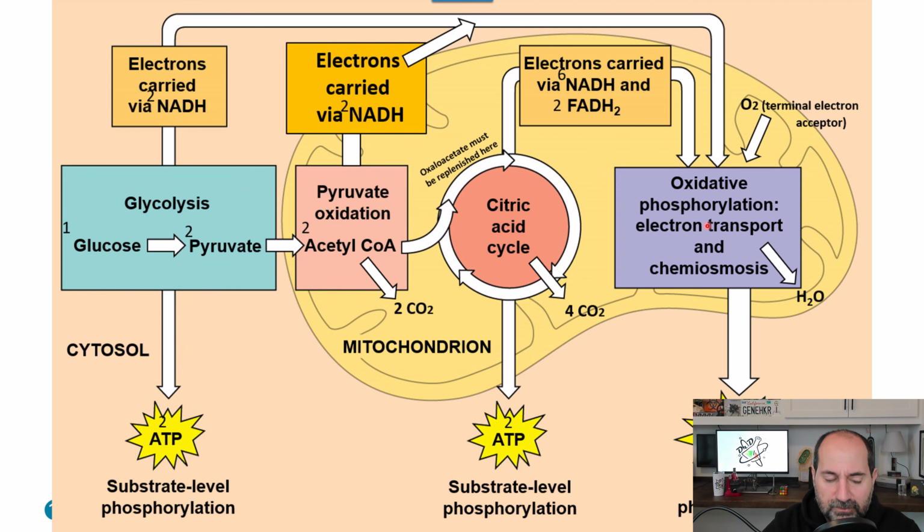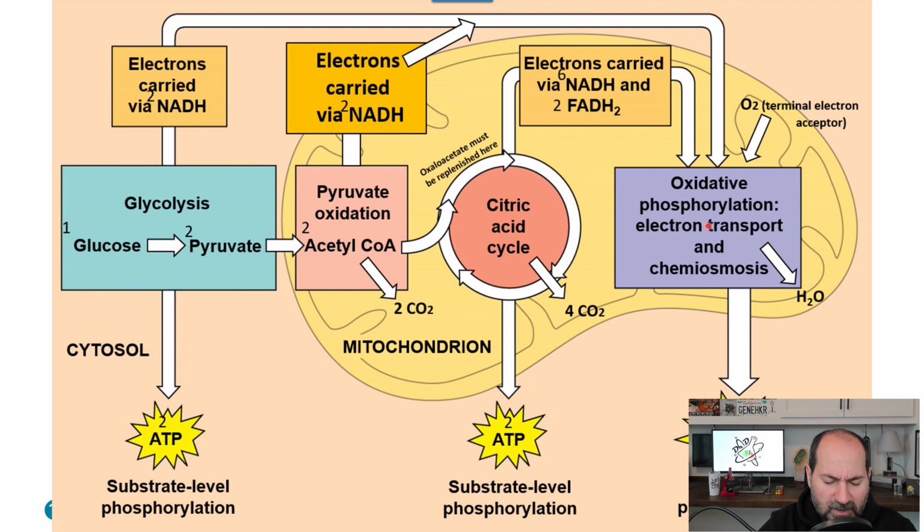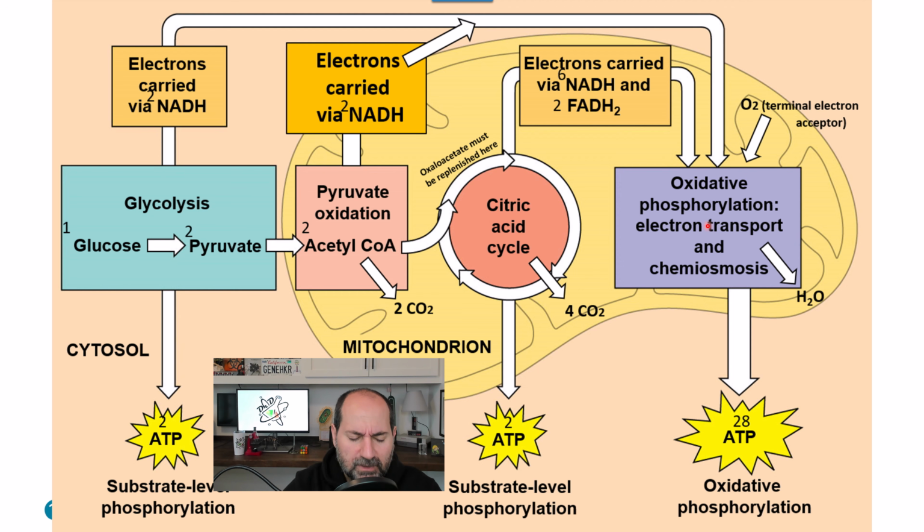Those electrons flow through the electron transport chain, and that is a spontaneous process which releases the energy required to pump protons actively with pumps 1, 3, and 4. The proton concentration becomes high in the intermembrane space, and those protons chemiosmose back through ATP synthase, forming 28 ATP.